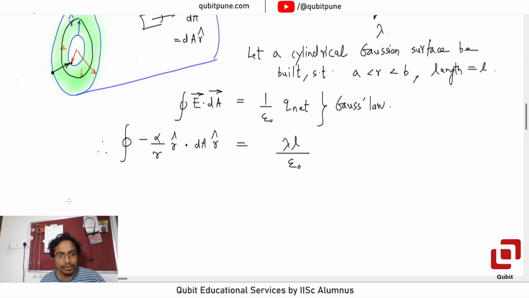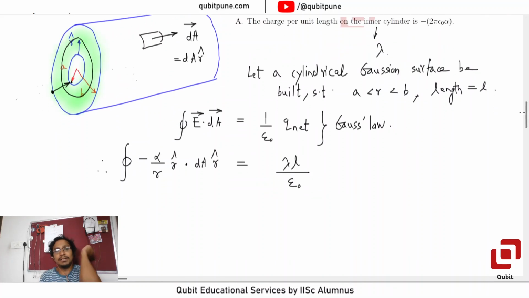Now look, what will be the elementary area dA? Can anybody tell me what that area would be? Yes, 2 pi r into length of cylinder.